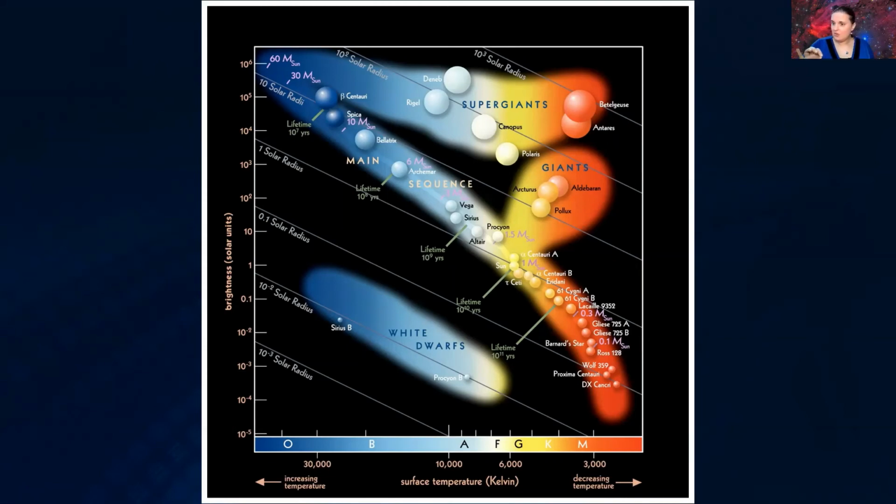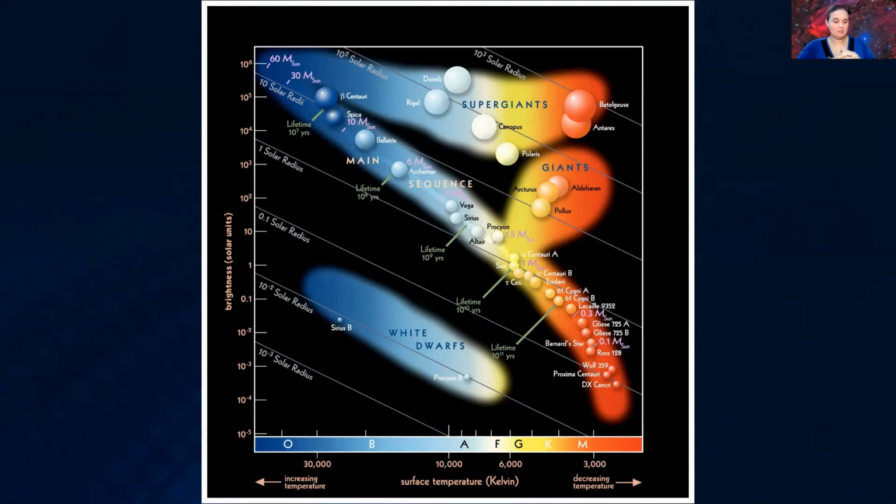But then they also noticed the evolution goes a step further when it comes to the death of certain stars. They noticed that the giants and supergiants tended to be stars that were going into later stages in their lives. They would leave the main sequence line, and as they evolved, they would basically become supergiant stars, because they would blow up, or not blow up per se, they would bulge up.